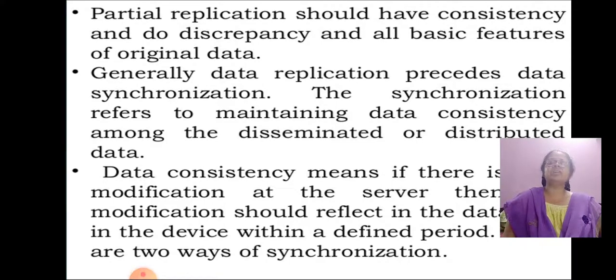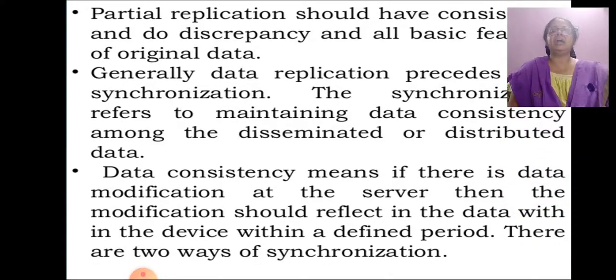The synchronization refers to maintaining data consistency among the disseminated or distributed data. Data consistency means if there is a data modification at the server, then the modification should reflect in the data within the device within a defined period.